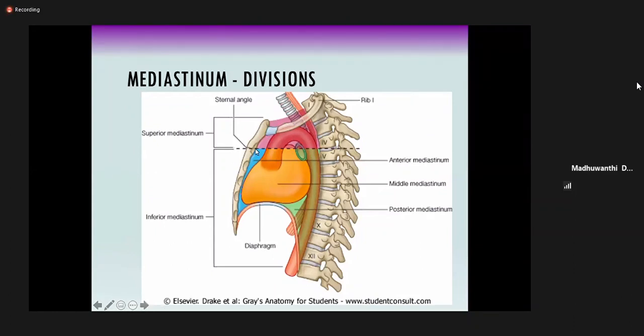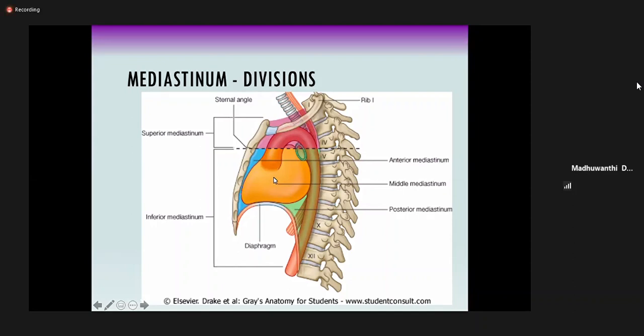If you take the extension of the mediastinum, you can see it starting anteriorly from the manubrium here, and then you can see how the vertebral bodies form the posterior border here.